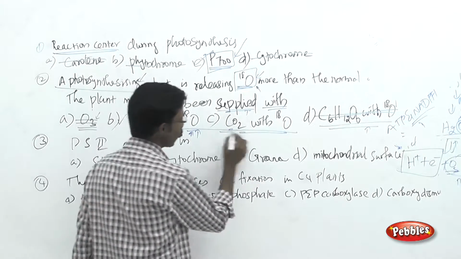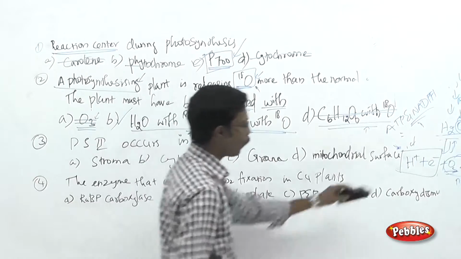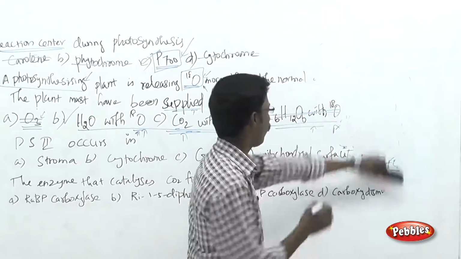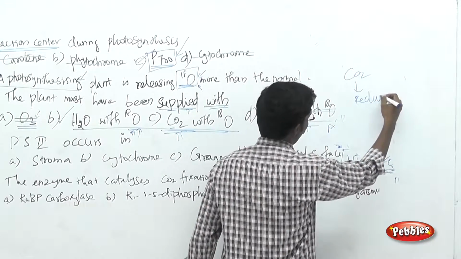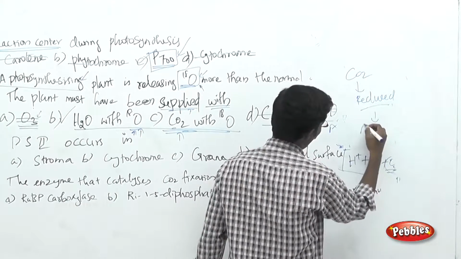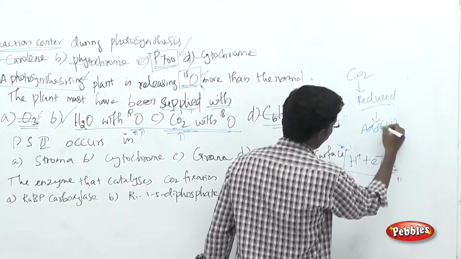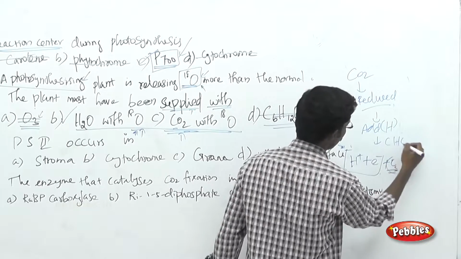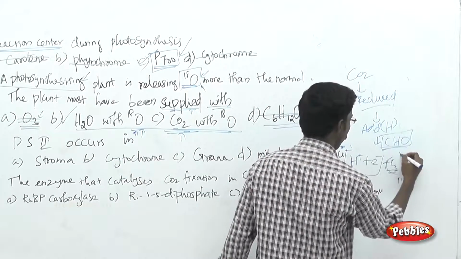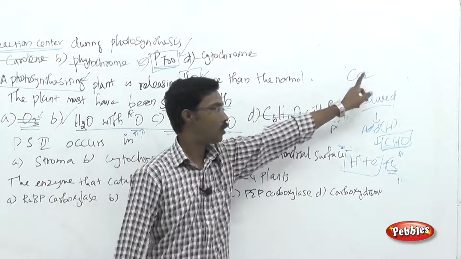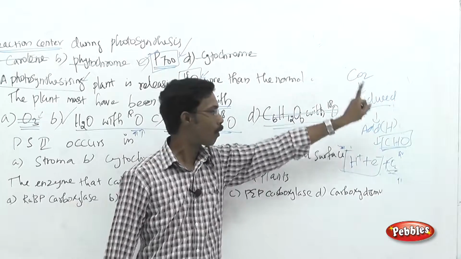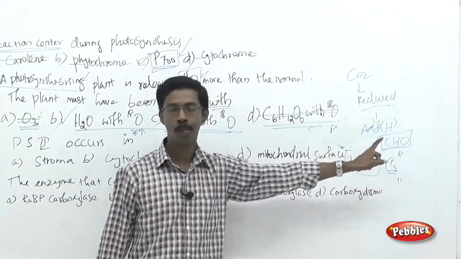So the carbon dioxide, what may be the use of carbon dioxide? As I told you, the carbon dioxide is going to be fixed, or reduced. That means you're going to add hydrogen atoms so that you synthesize carbohydrate from the carbon dioxide. Okay. So the oxygen atoms in the carbon dioxide are going to be utilized for the formation of the sugar molecule.